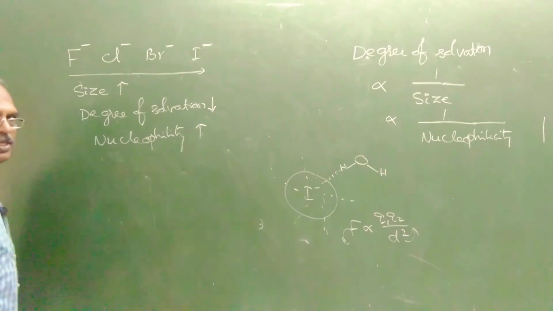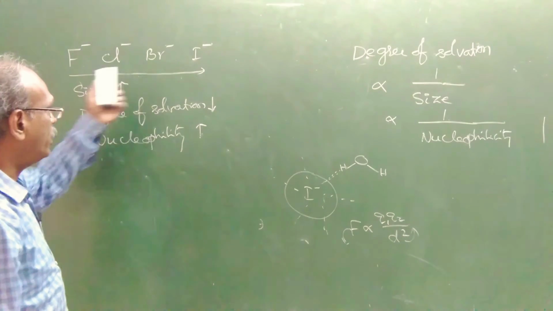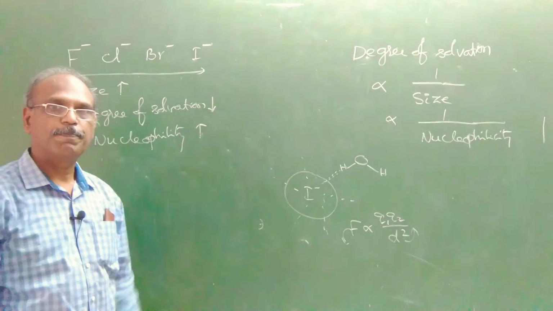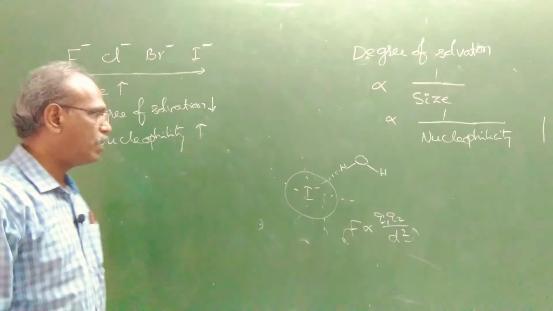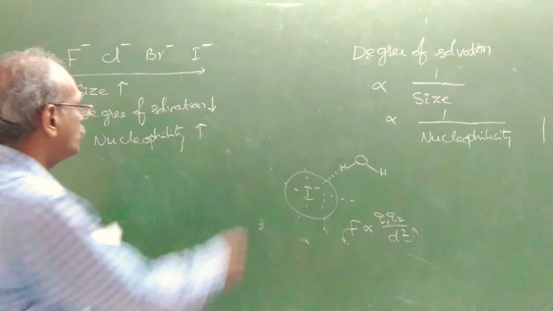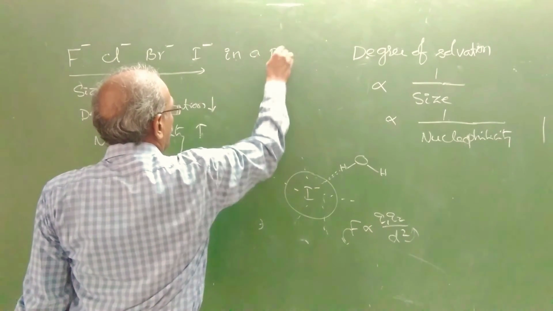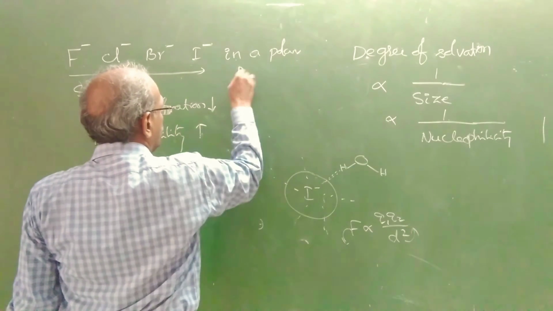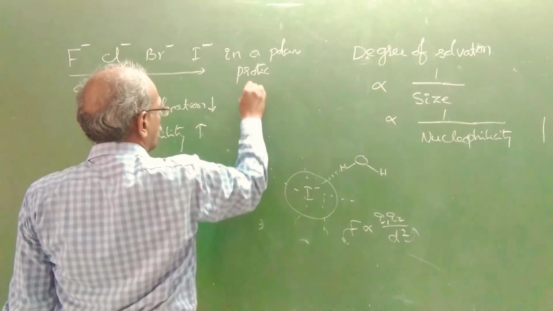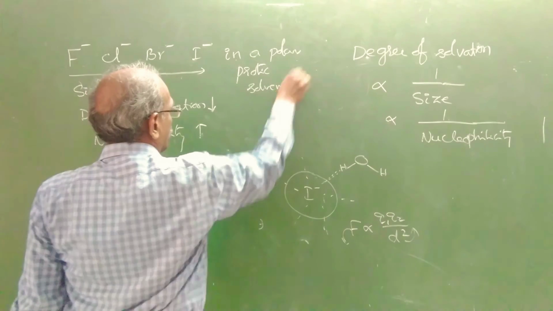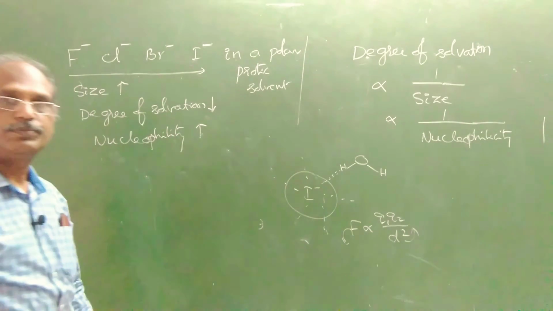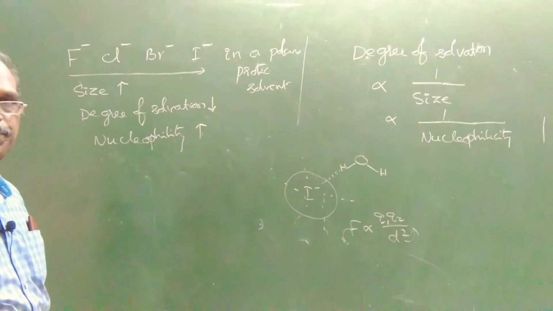So among these, the strongest nucleophile is I minus. Okay, so in a polar protic solvent, this is the order of nucleophilicity.